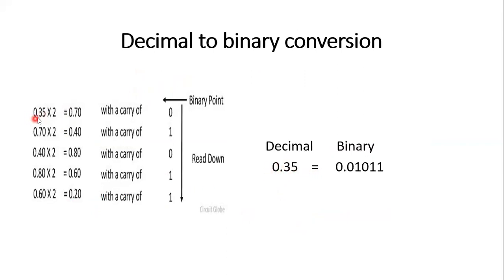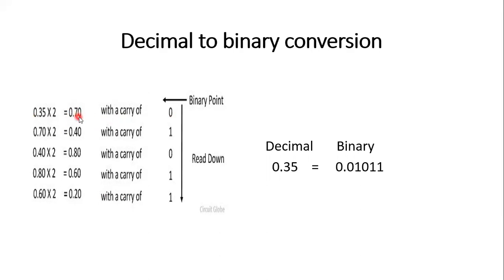First we multiply this 0.35 by 2. So 0.70. So the carry is 0. There is no carry because 0.35 into 2 means 0.70. So you put the carry here.